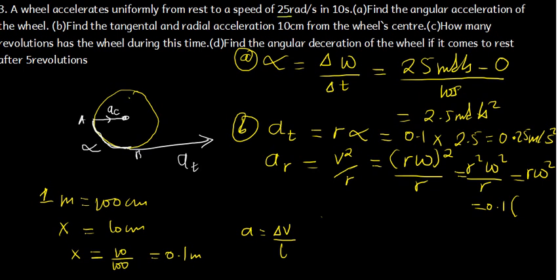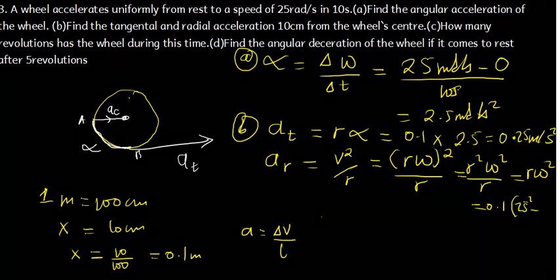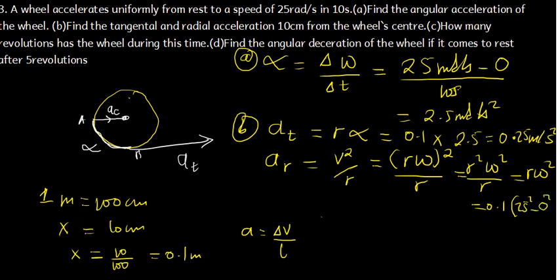So the final was 25 squared, the initial was coming from rest, so 0 squared. Then 25 squared multiplied by 0.1 will get 62.5. This is going to be in meters per second squared because we are dealing with linear speed, so that is why it is in meters. Alright, now let's go to question C.